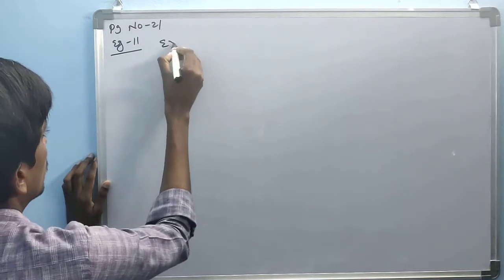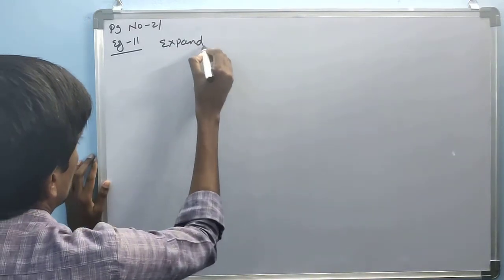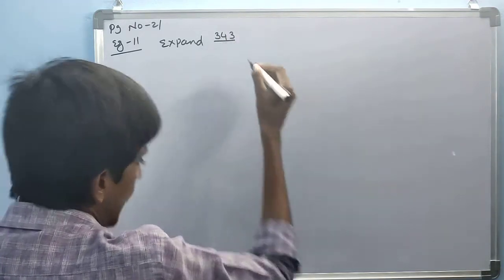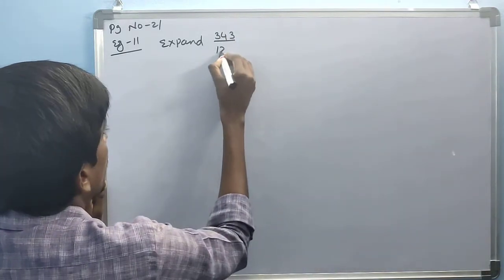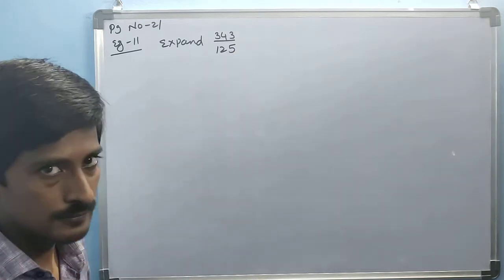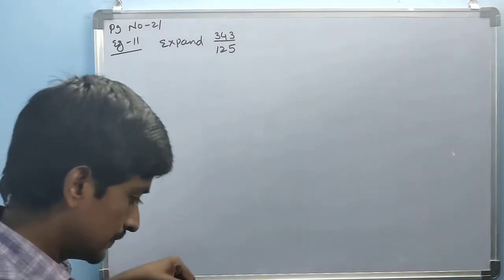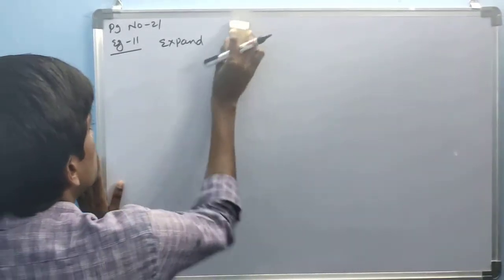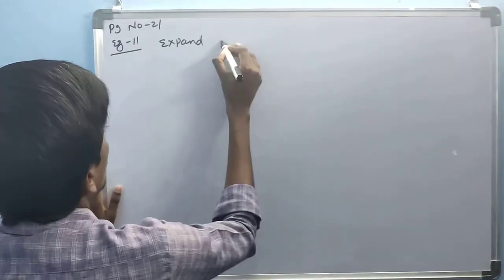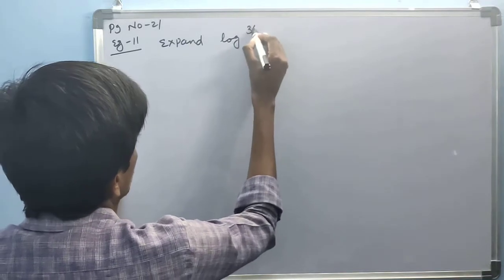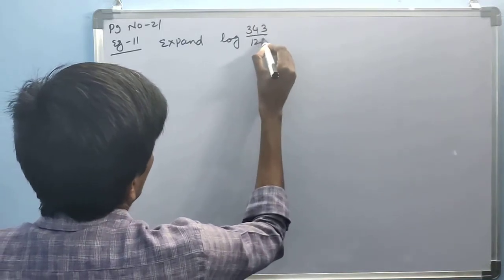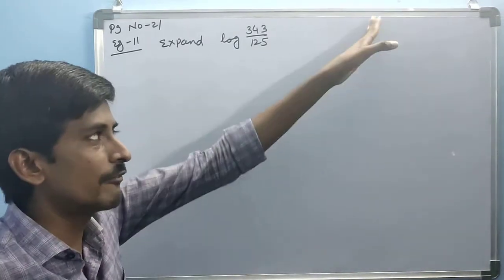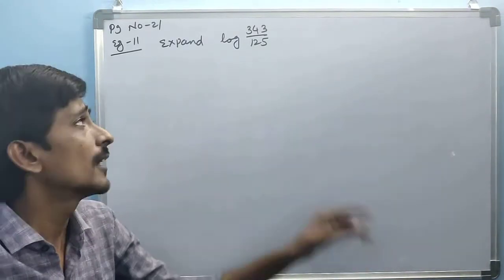Expand log 343 by 125. Already in the introduction I gave some formulas, the laws of logarithms.